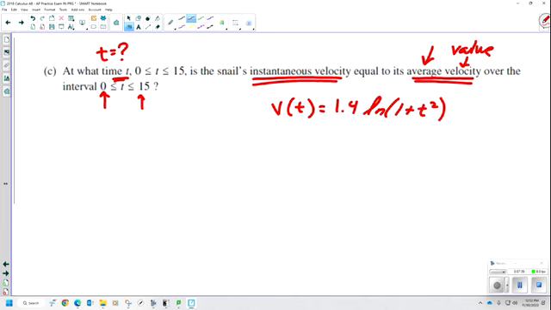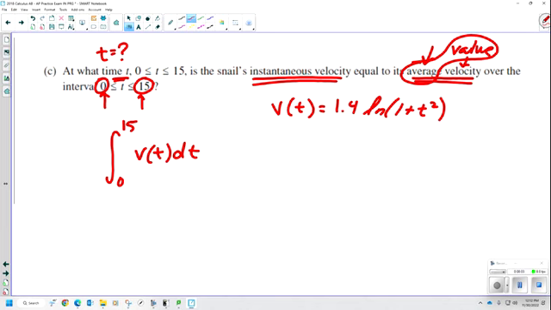You have velocity, and they want you to find the average velocity, which means the average value of the velocity. Anytime we're finding average value, we are integrating from 0 to 15, which are our bounds. V of t dt, and I'm multiplying by 1 over the difference of the bounds.